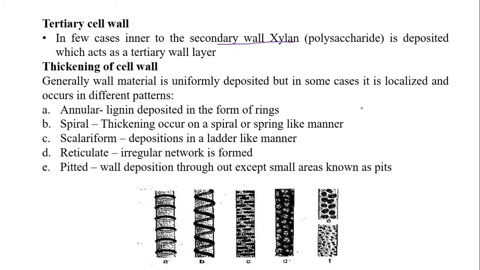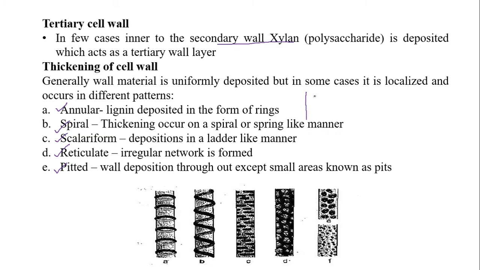There are different ornamentations on the vessels of the xylem tissue because of the secondary wall deposition. These depositions can occur in different patterns like an annular pattern, spiral, scalariform, reticulate, and in pitted patterns.